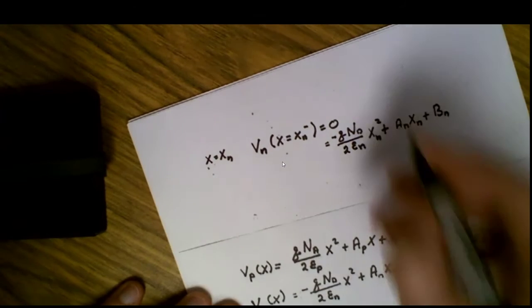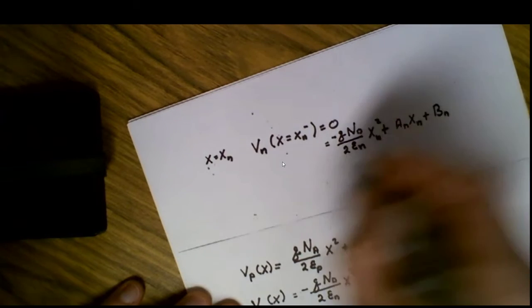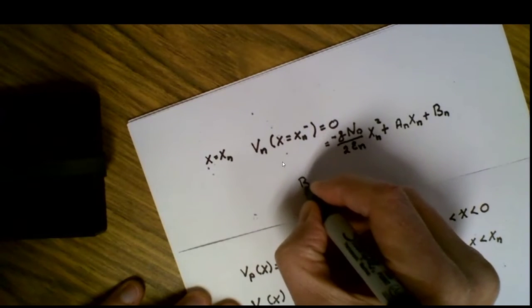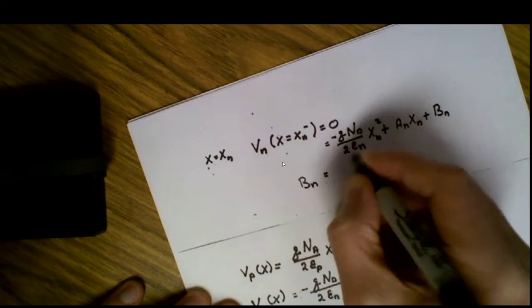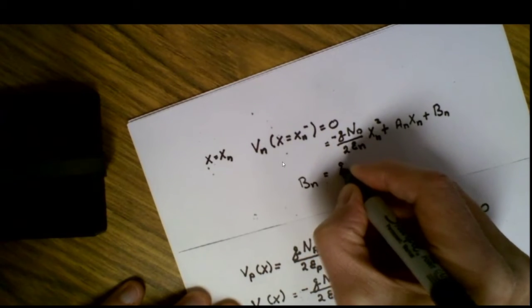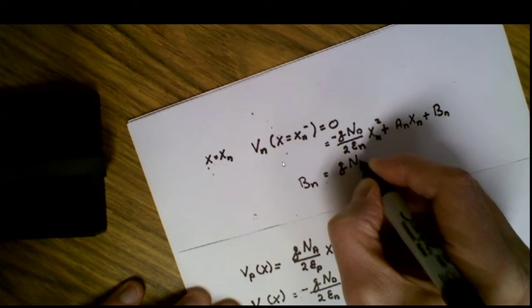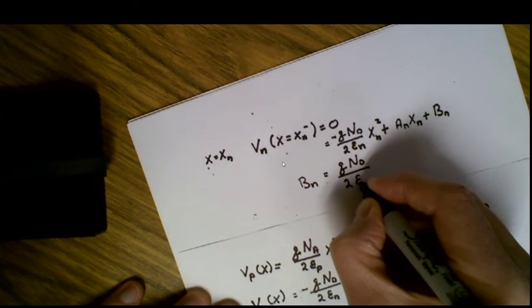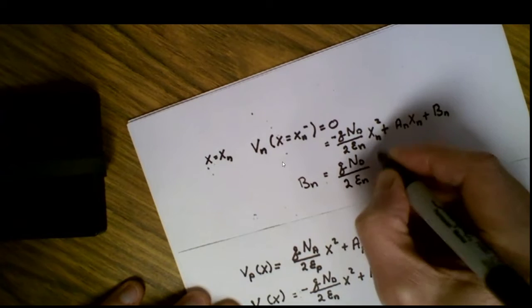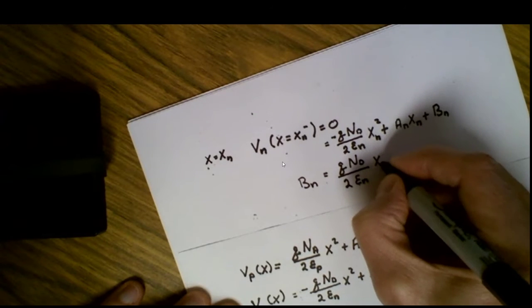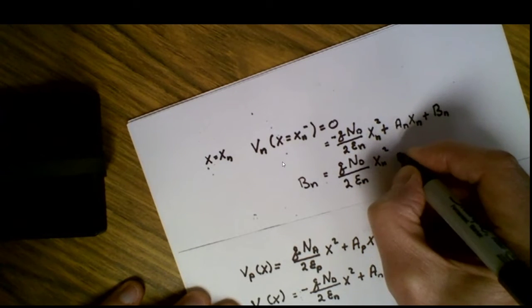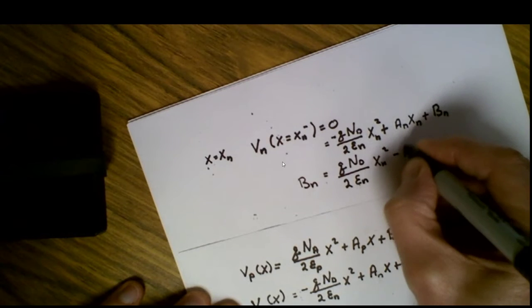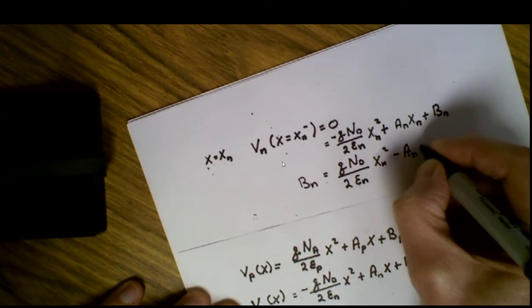And consequently, b sub n is going to be equal to q times n sub d over 2 times the permittivity epsilon sub n times x sub n squared minus a sub n times x sub n.